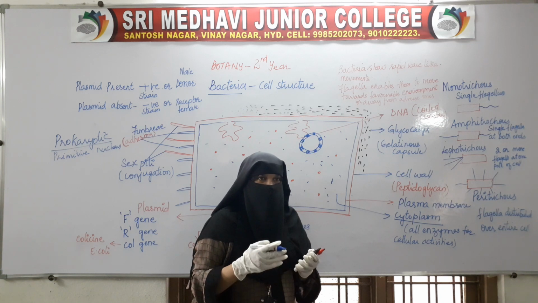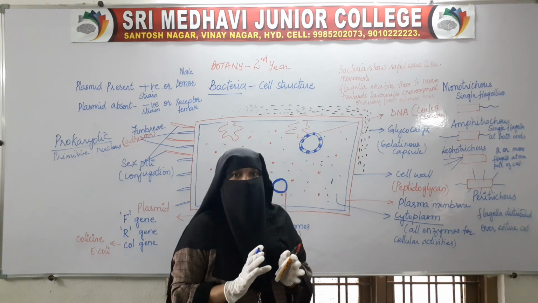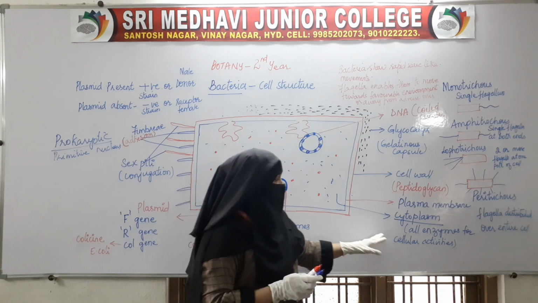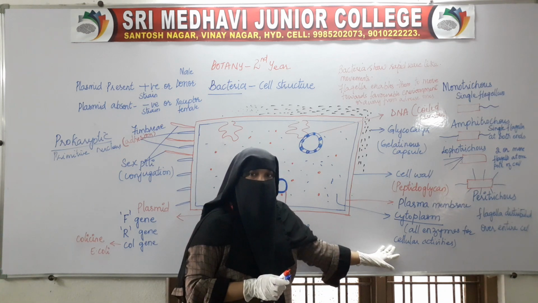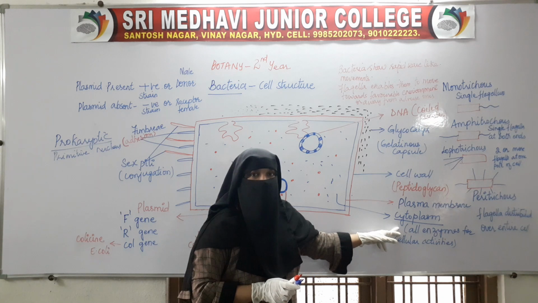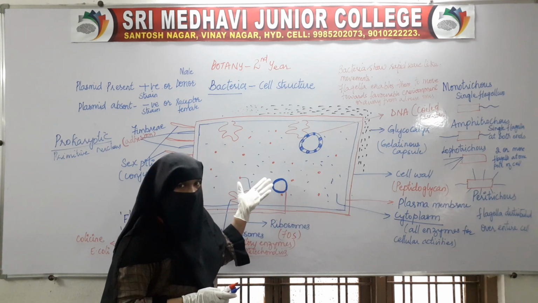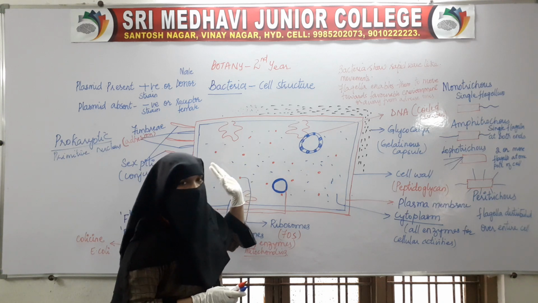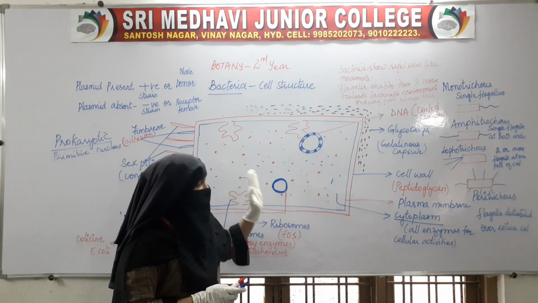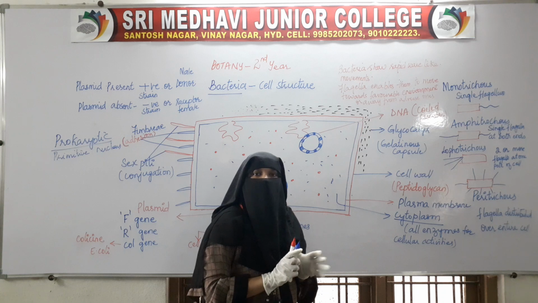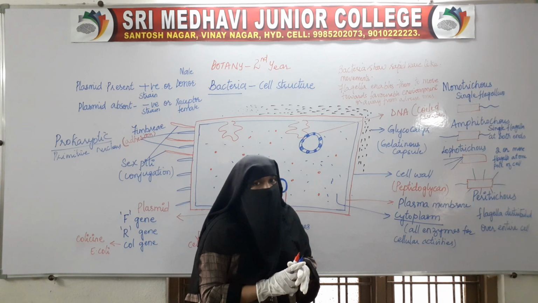So, for digestion and all the activities of the cell, work will be done with the help of the enzymes which are present in the cytoplasm. So, the cell is filled with cytoplasm which consists of all the enzymes required for cellular activity.